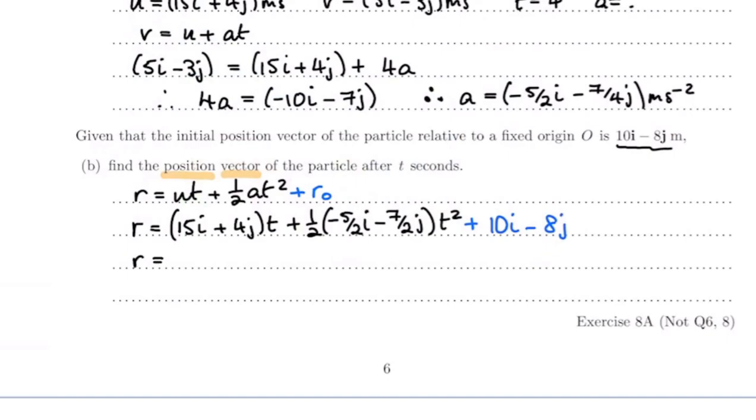So I end up with r equals 10 plus 15t minus 5 over 4 t squared, and that's in the i direction, plus minus 8 gives you 8, plus 4t minus 7 over 8 t squared.